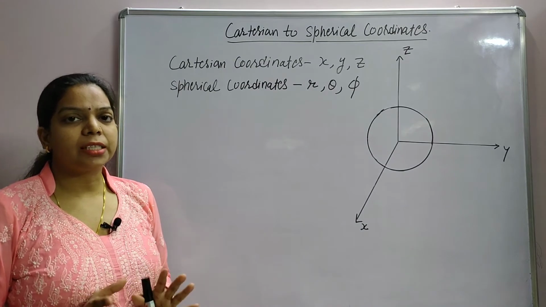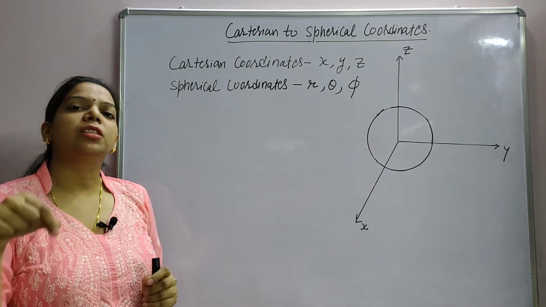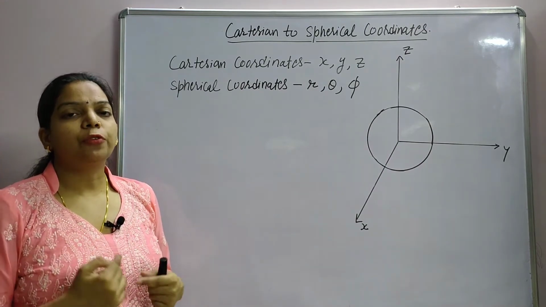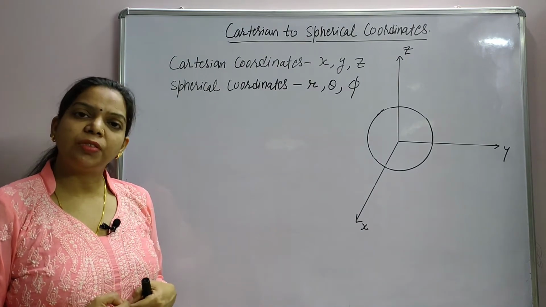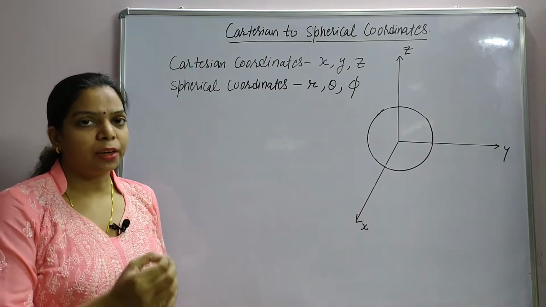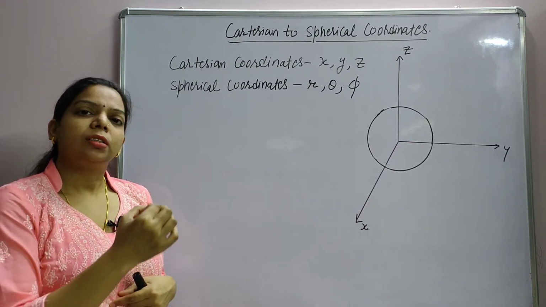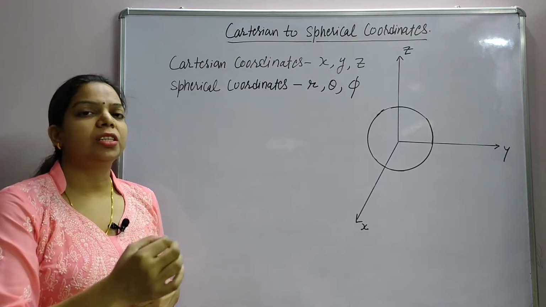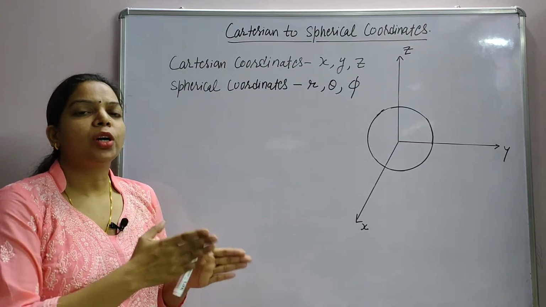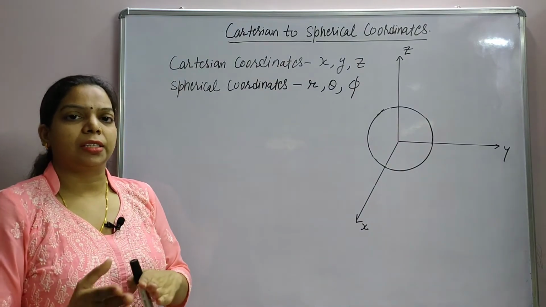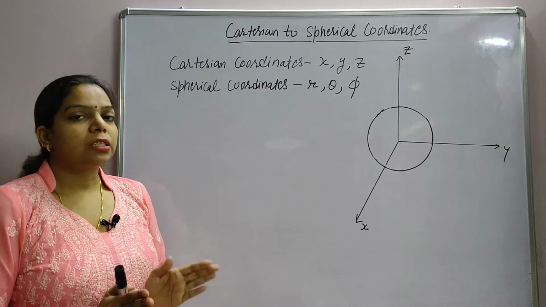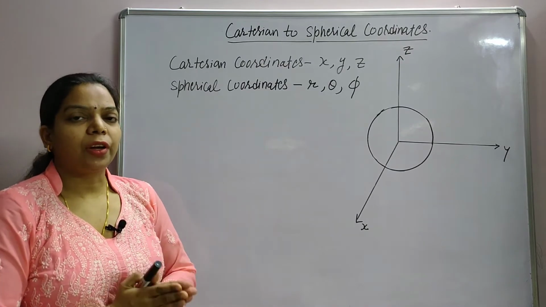It means we can say the electron is moving on the surface of a sphere. So if I need to solve Schrodinger's wave equation for an electron inside an atom, I must know how to write Schrodinger's wave equation in polar coordinates or spherical coordinates. So here comes the need for spherical coordinates.